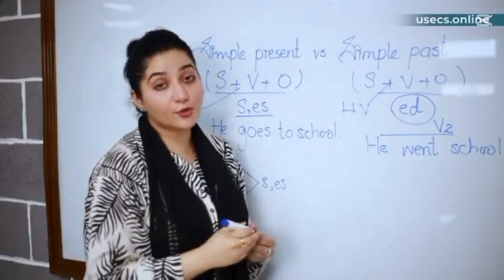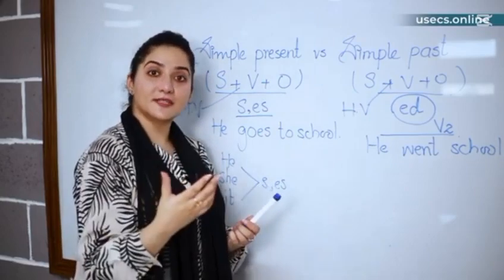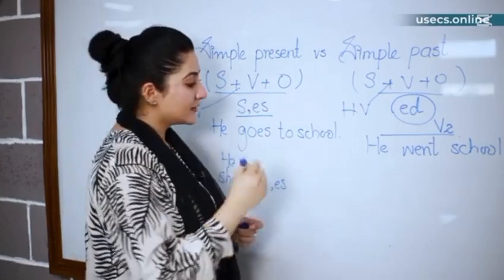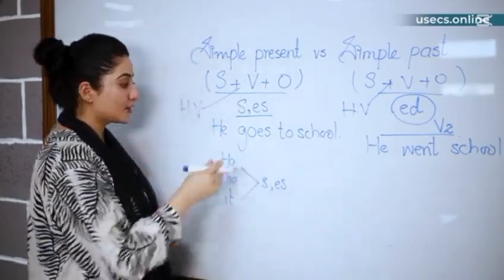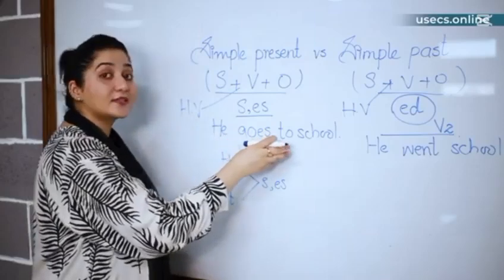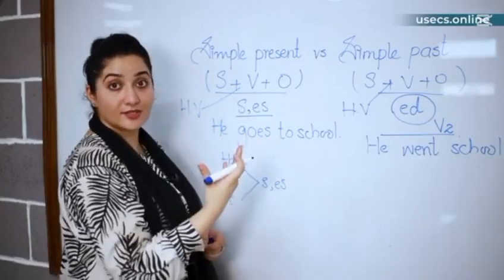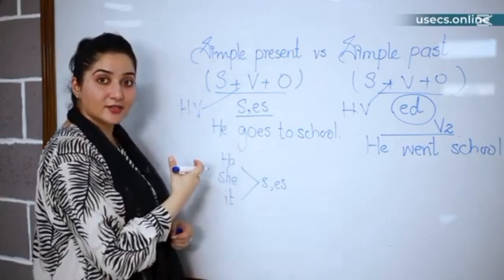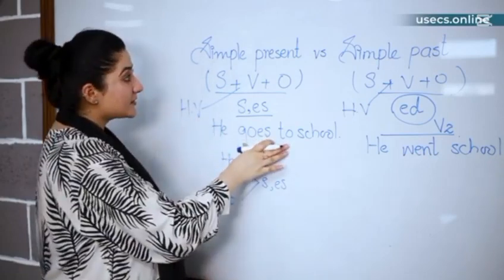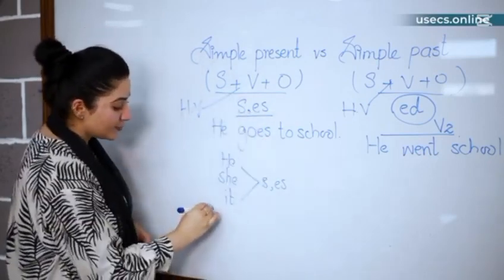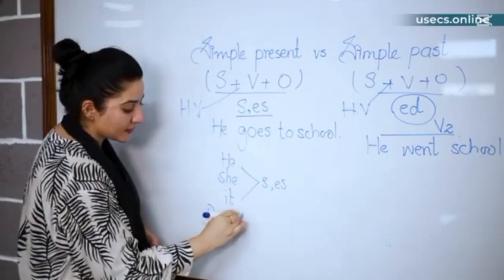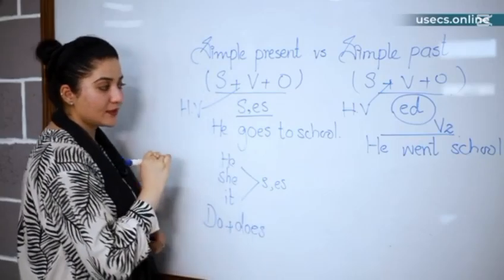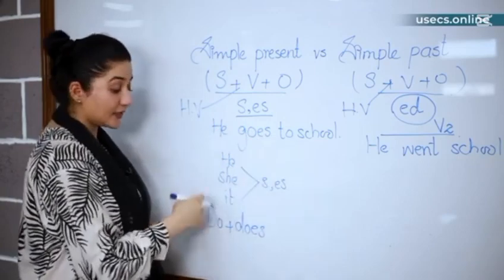So how are we going to make interrogative sentences? That's a question. Let's talk about some of the interrogative questions. If you have to change the same statement into a question, how are you going to say that? For that, in simple present tense, we use do and does. वो स्कूल जाता है. क्या वो स्कूल गया?